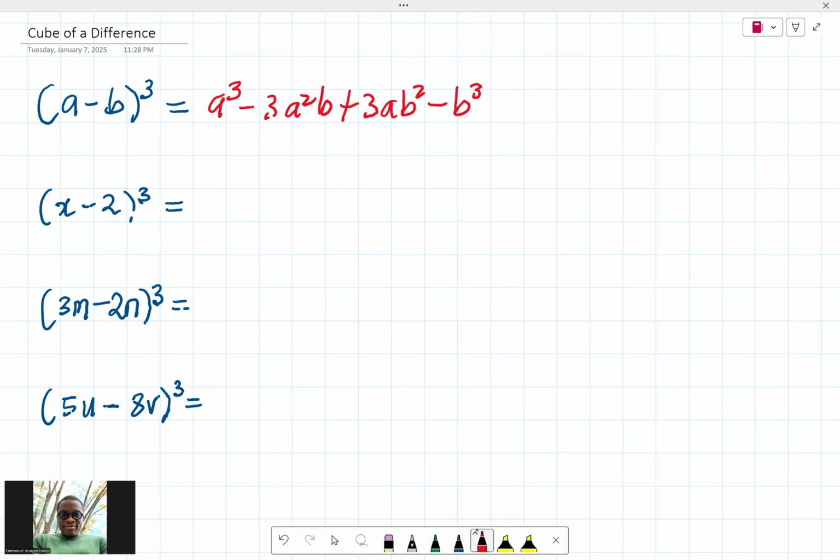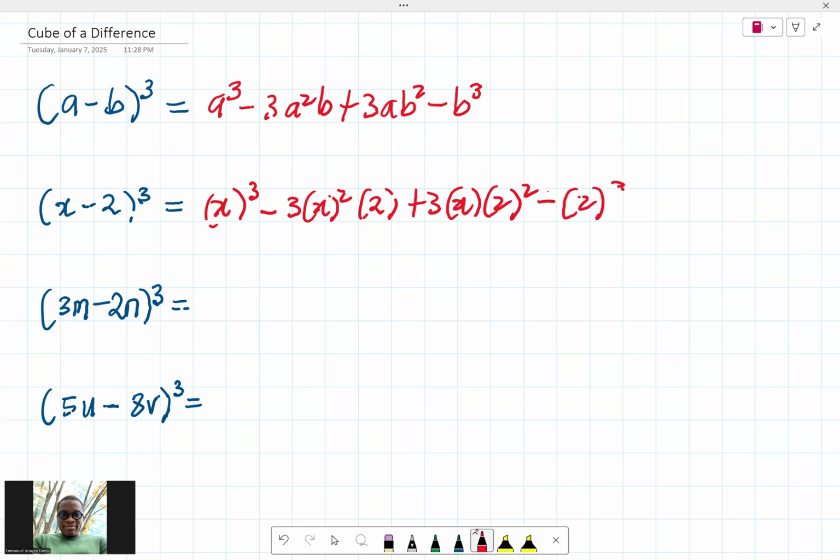So if you have x minus 2 raised to power 3, the first x, you have x raised to power 3 minus 3x squared into 2 plus 3x into 2 squared minus 2 cubed, like that.